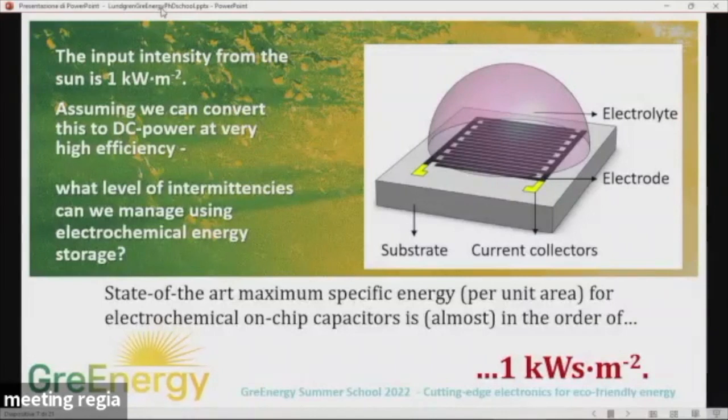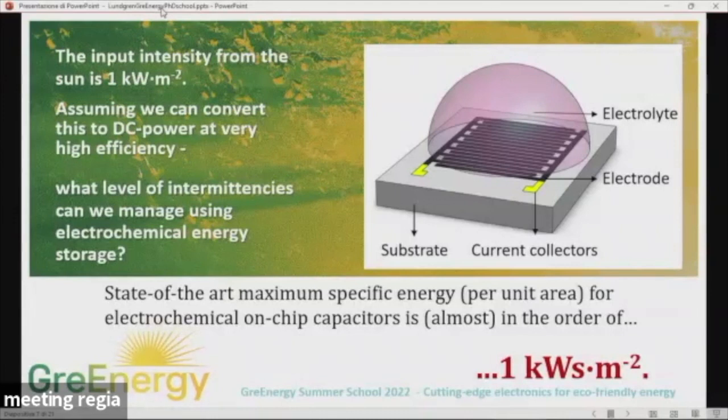Yeah, there is some kind of area increase that goes on here, that you have some kind of material which is not just a flat surface, but which enhances the active surface of the electrode material. So when we want to deposit electrode materials, we want something that gives you potentially a high active surface area, a porous material.